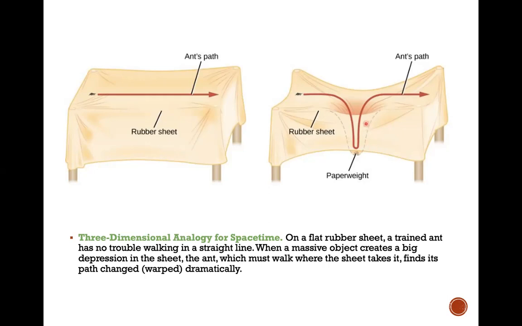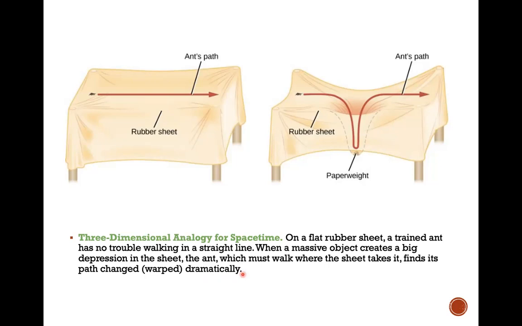And then what happens to the ant is, he has been trained to go in a straight line on the space, right? Since the space is curved, he will automatically follow this path. He goes down and comes up like that, right? So his path is also curved. That's what I have mentioned: when a massive object creates a big depression in the sheet, the ant which must walk where the sheet takes it finds its path changed dramatically.